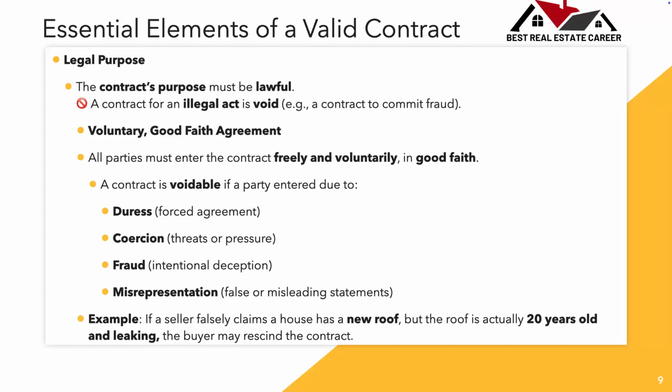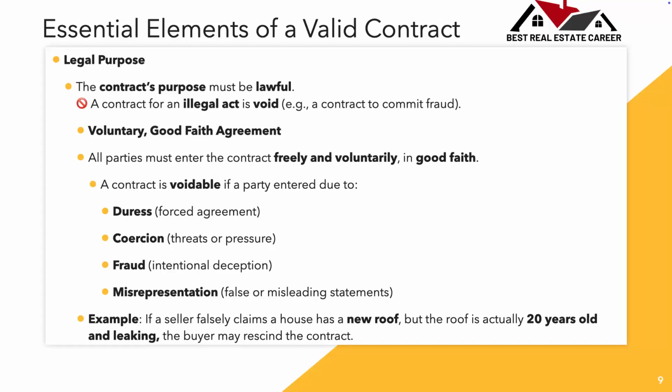And misrepresentation, and here we go again. So when we just talked about a material defect, here's another example. If a seller falsely claims that a house has a new roof, yet the roof is actually 20 years old and it leaks, the buyer may rescind. They don't have to.